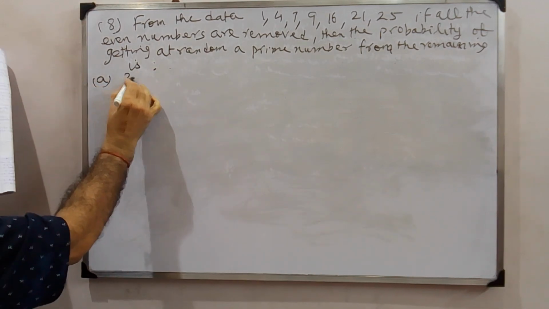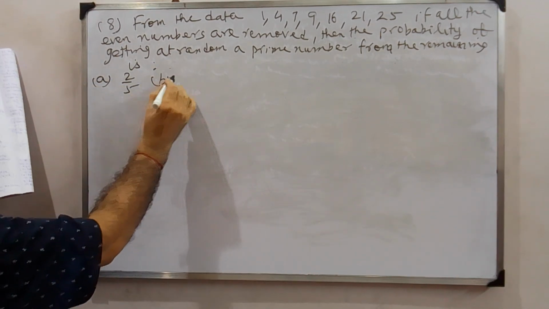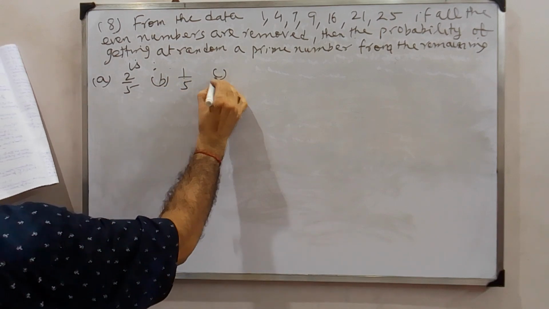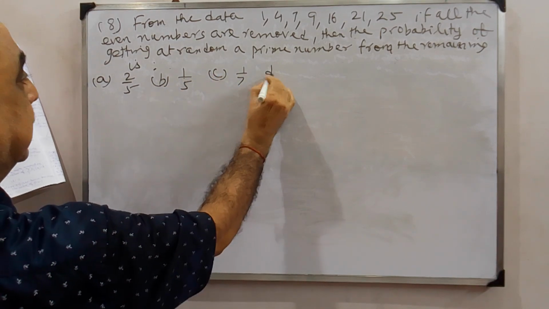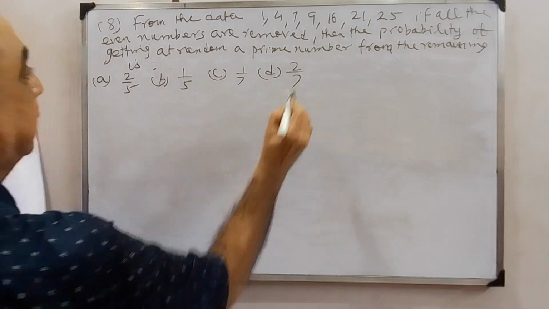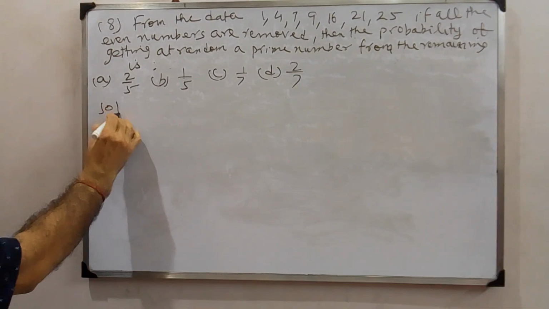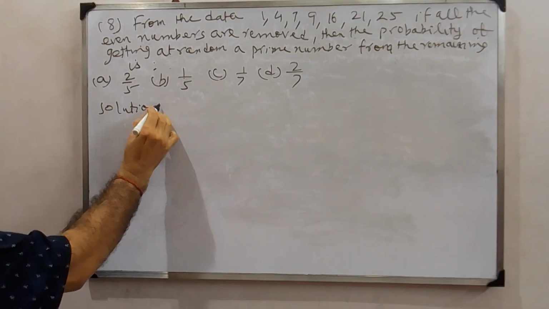A is 2 by 5, B is 1 by 5, C is 1 by 7, and D is 2 by 7. Now see how we will find the answer.